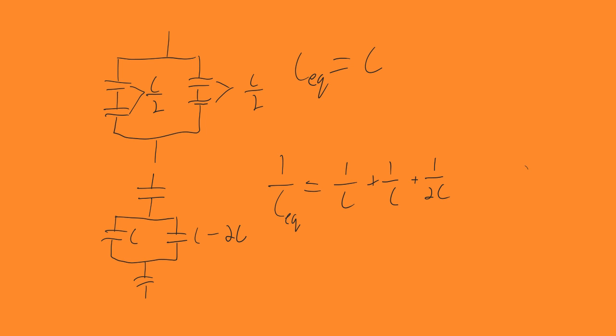So this is half of a C, so we're going to get 2 over C here. Sorry, we can change this around actually. So that's 2 over C, but let's make that 4 over 2C, plus 1 over 2C. Add those together. We get 5 over 2C.